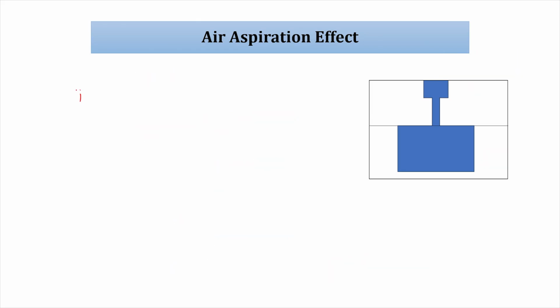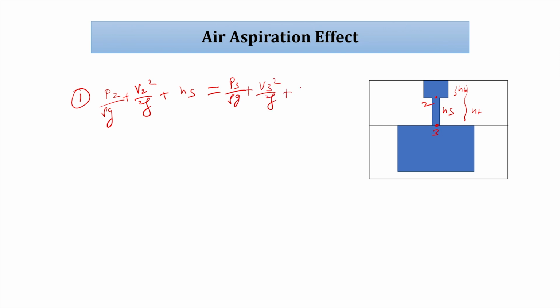Okay, so P2 by rho g plus V2 square by 2g plus Hs equals P3 by rho g plus V3 square by 2g plus 0.